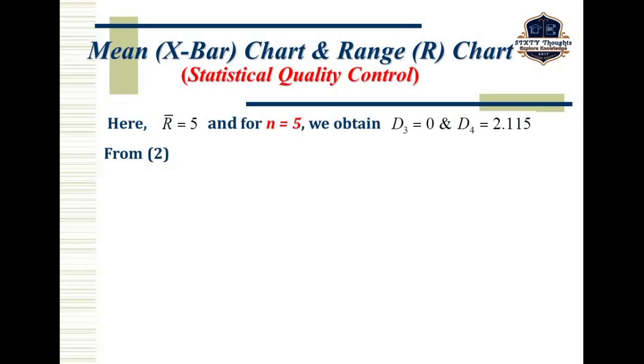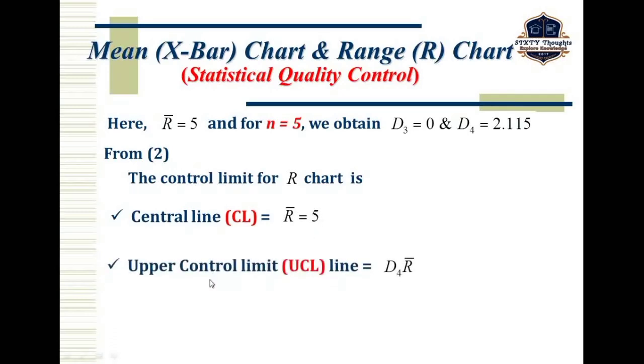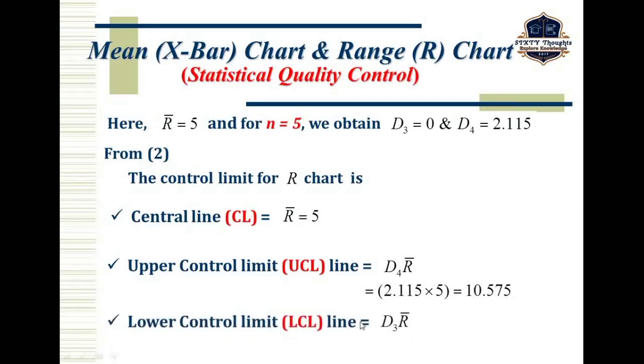So equation 2 can be written as: the control limit for the R chart, central line equal to R bar, value is 5. Next I am going to find the upper control limit. We know the formula is D4 into R bar. What is D4? 2.115 into 5. If we simplify that expression, we get 10.575. Next we find the lower control limit line, that is D3 into R bar, D3 value 0.